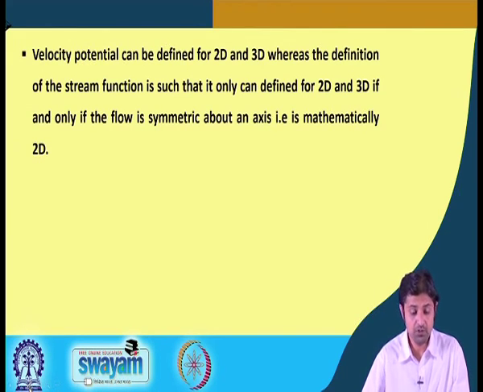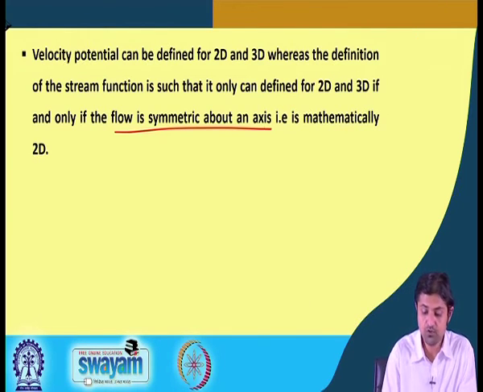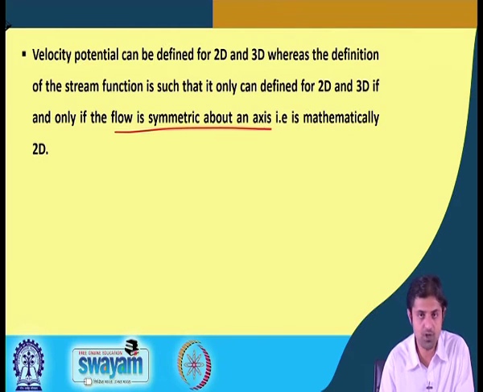Now we know that the velocity potential can be defined for 2D and 3D. 2D means 2 dimensions and 3D is 3 dimensions, whereas the stream function can only be defined for 2D, and for 3D if and only if the flow is symmetric about an axis. So velocity potential is valid for both 2 dimensions and 3 dimensions, however the stream function is valid only in 2 dimensions. A special case in which we can still write it in 3D is when the flow is symmetric.